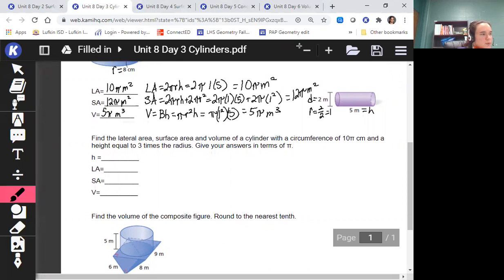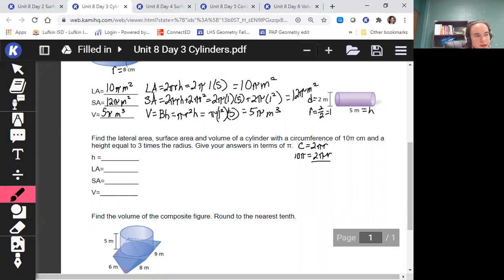Okay, then we're looking at the next one, which is find the lateral area, surface area, and volume of a cylinder with a circumference of 10 pi and a height equal to 3 times the radius. So we're given our circumference. Remember that our formula for circumference is 2 pi r. So we can plug in that 10 pi for 2 pi r.